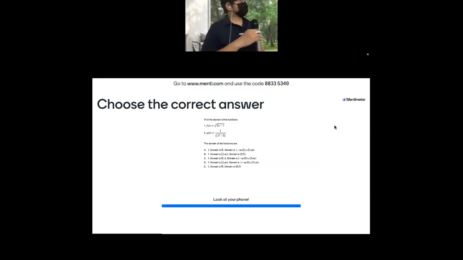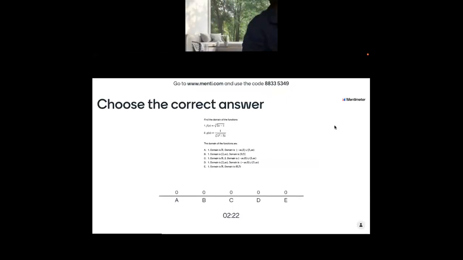If it's too small in here, just use your phone. I think it's giving you quite some time, 2 minutes, so we can finish in 5 to 6 minutes.